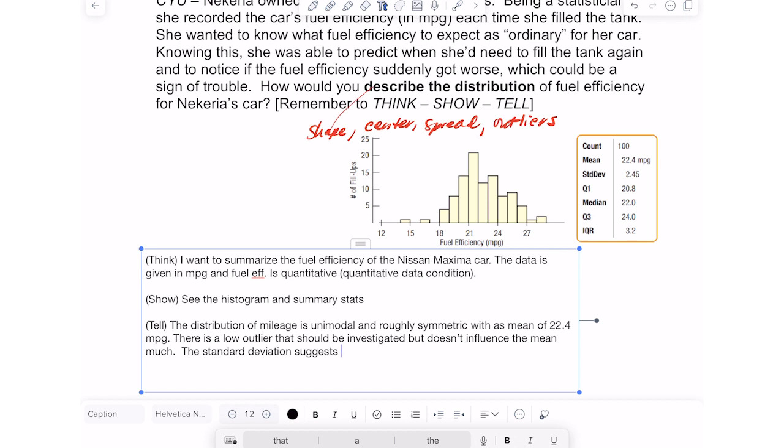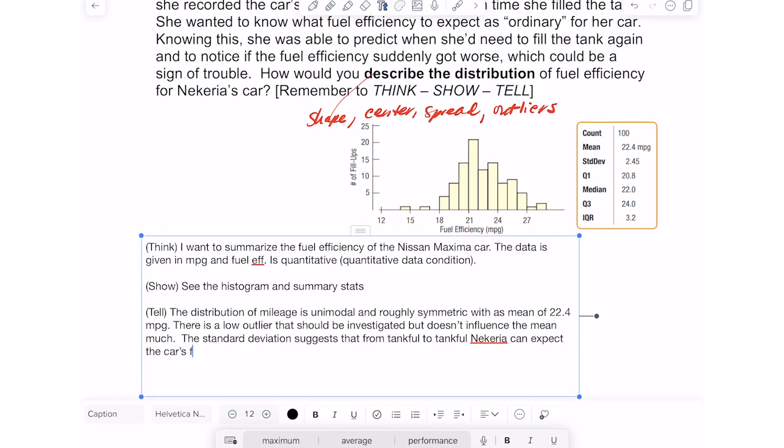So suggests that from tank full to tank full, Nikiria can expect the car's fuel economy to differ from the mean by an average of about 2.45 miles per gallon.